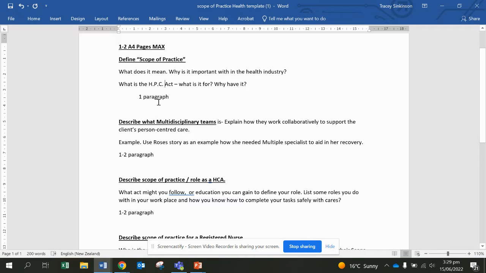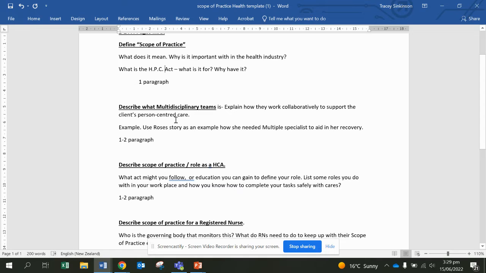Unlike the rubric, I have jumbled it around slightly, but it's okay, it doesn't matter, you're still answering the question. Describe what multidisciplinary teams mean. To get your head around this, multi means many, and disciplinary means that you're trained in one particular discipline, educated in one particular skill.